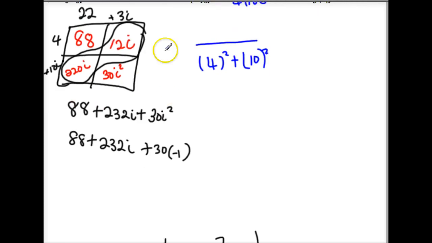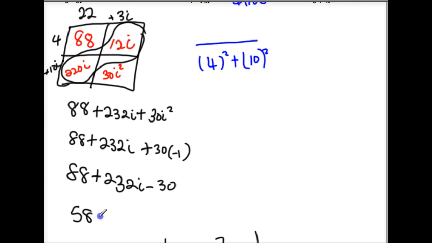So what am I left with? 88 plus 232i minus 30. Combining like terms, 88 take away 30 is 58 plus 232i. So my numerator ends up to be 58 plus 232i. Now let's simplify the bottom.